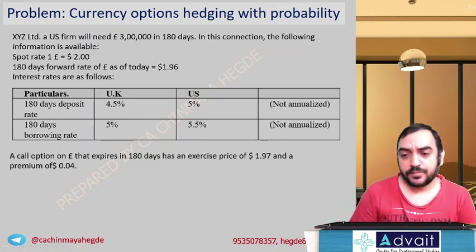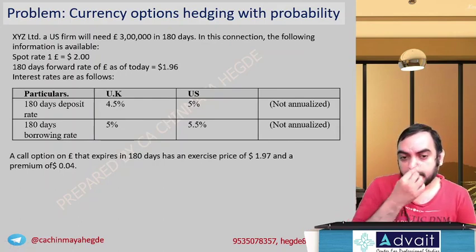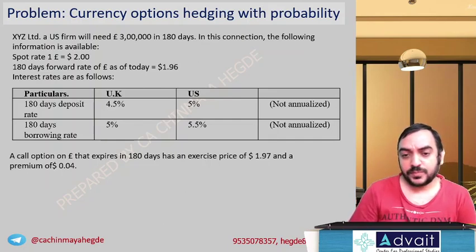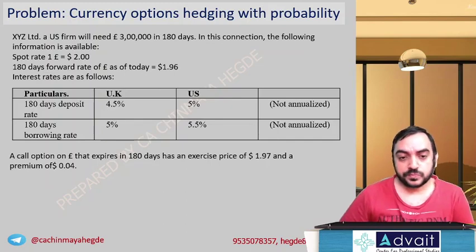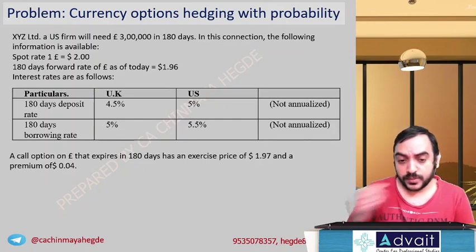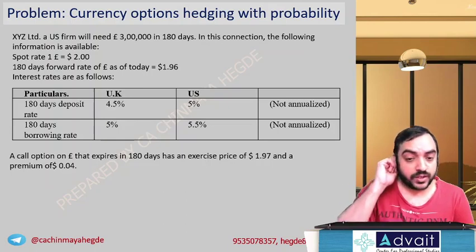XYZ Limited, a US firm, will need 3 lakh pounds in 180 days. In this connection, the following information is available: spot rate for 1 pound, 180-day forward rate, interest rates. A call option that expires in 180 days has an exercise price of $1.97 and a premium of 0.04.